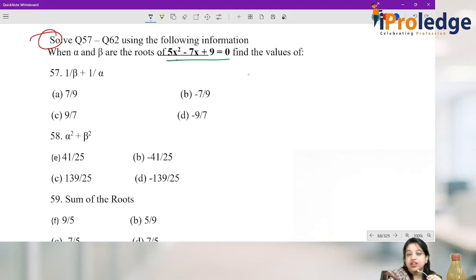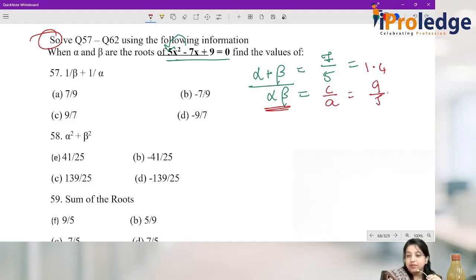So you have to find alpha plus beta. What is alpha plus beta? Minus b by a, 7 divided by 5. Since there is a minus here too, the minus cancels. 7 divided by 5, that is 1.4. Next, c by a, 9 by 5.